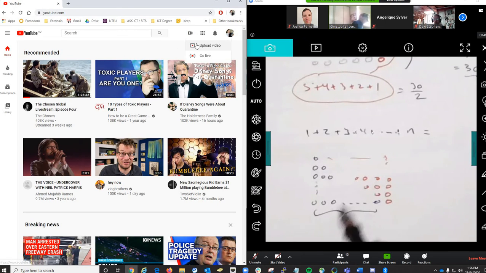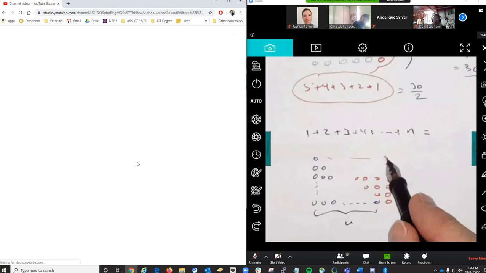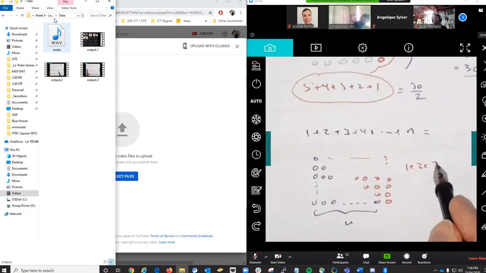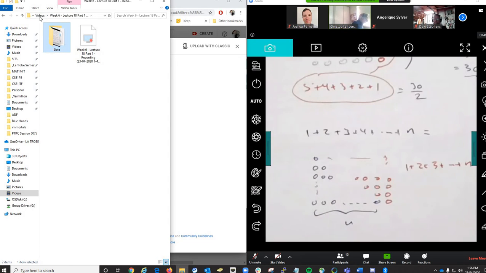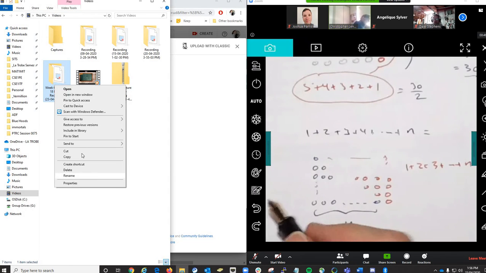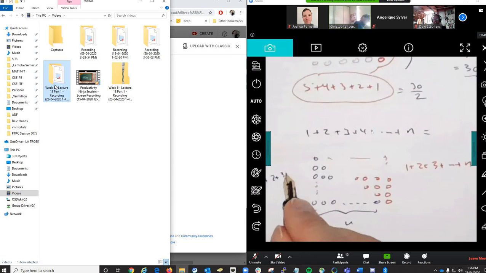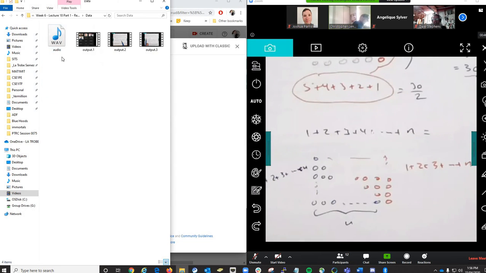So in this triangle, I'll do the red one first. In the red triangle, I've got 1 plus 2 plus 3 all the way up to n. In this triangle, I've got 1 plus 2 plus 3 all the way up to n.